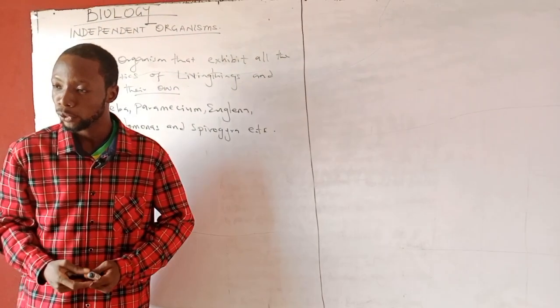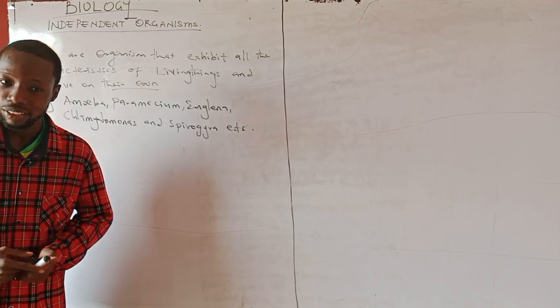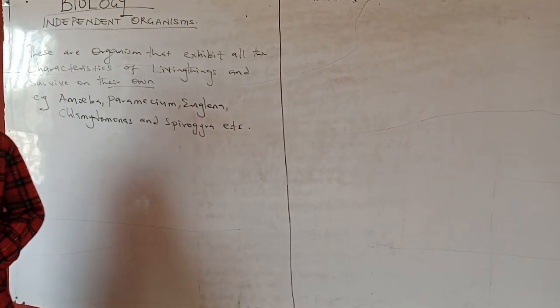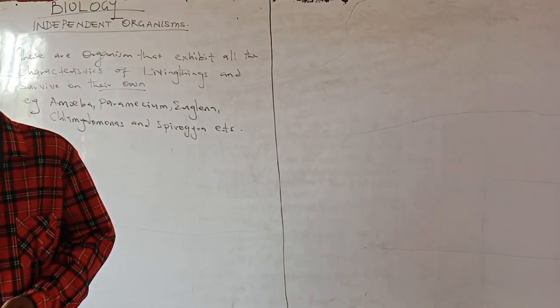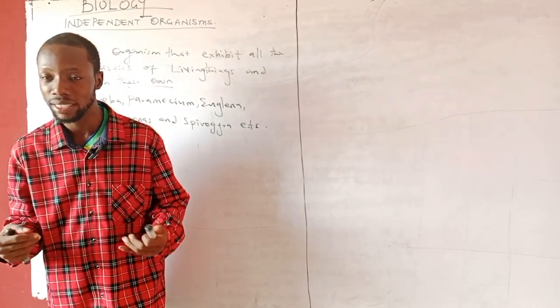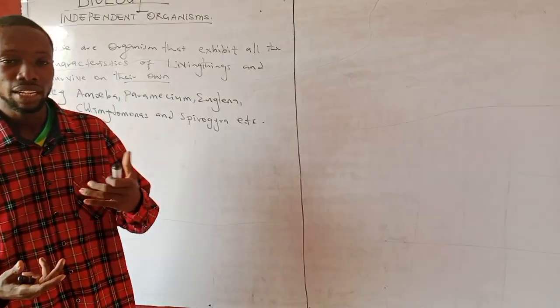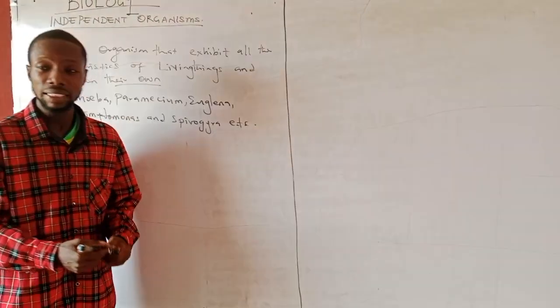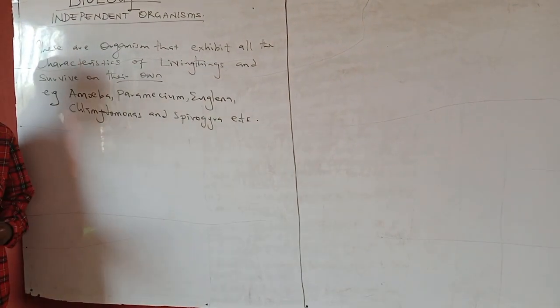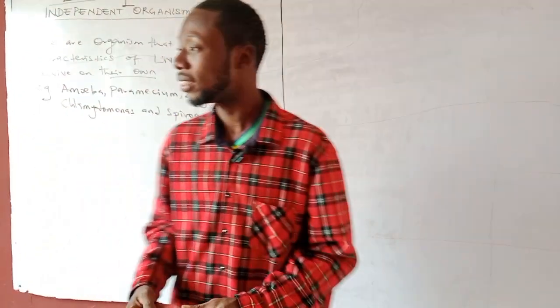These are examples of unicellular independent organisms. As I said, these organisms exhibit all the characteristics of living things, which include movement, respiration, nutrition, reproduction, excretion, and so on. Examples are Amoeba, Paramecium, Euglena, Chlamydomonas, and Spirogyra.